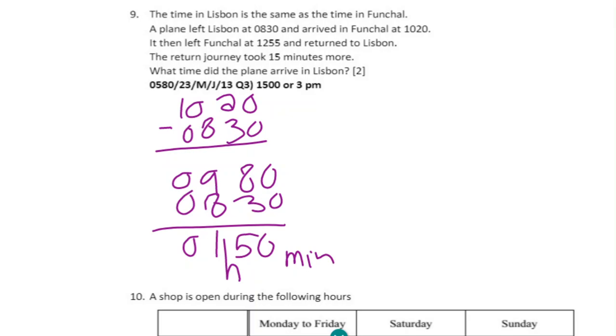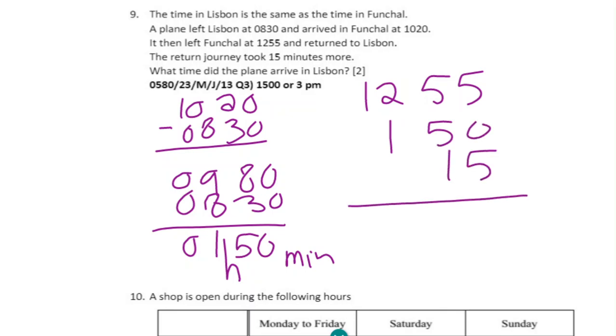Alright, so the return journey took 15 minutes more, and the plane left at 12:55. Add the return journey to it, which is 1 hour 50 minutes, and then also add an additional 15 minutes.